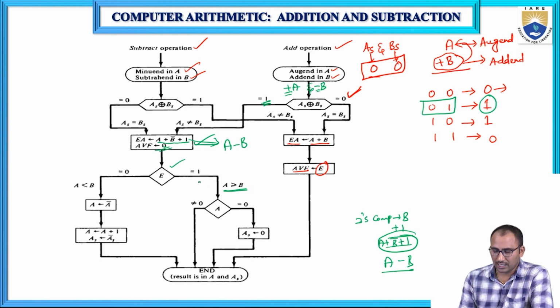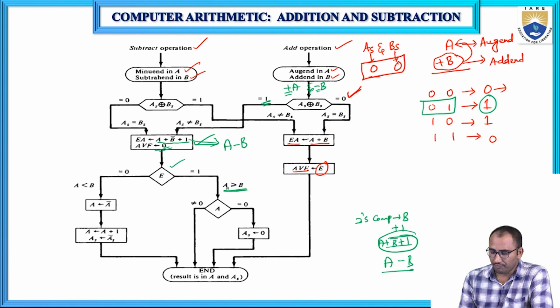So in subtraction already we have seen 3 cases: A less than B, A greater than B, A equal to B. So E is equal to 1 when A is greater than or equal to B. So again here we are checking the A register. Is A equal to 0 or not 0?